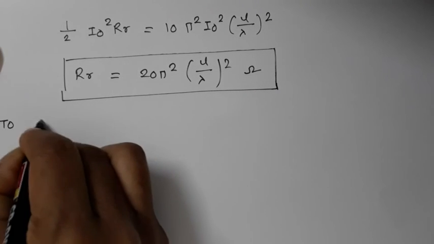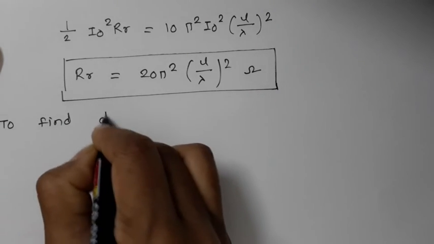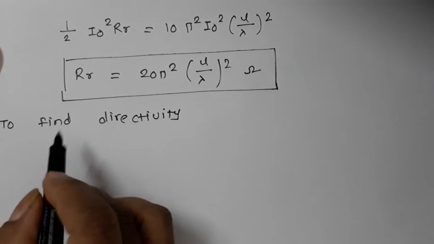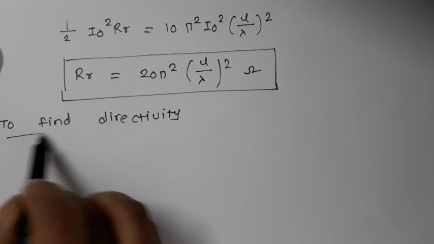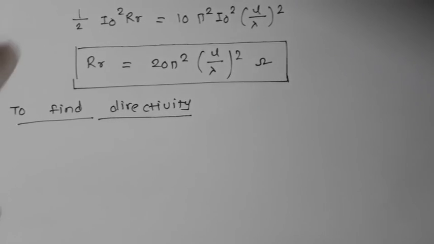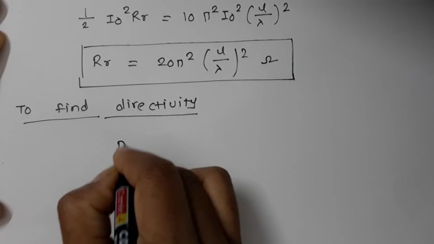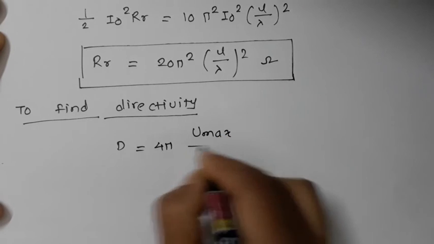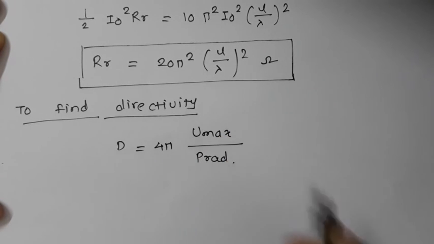So to find the directivity, D is equal to 4π U max by P radiated.